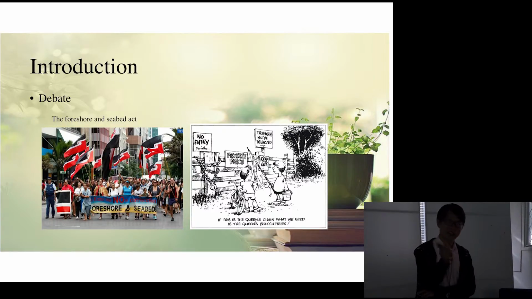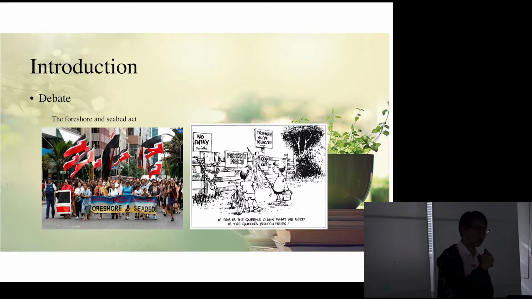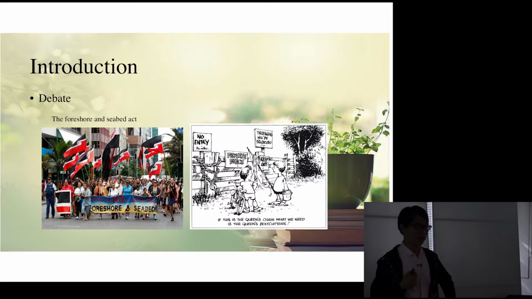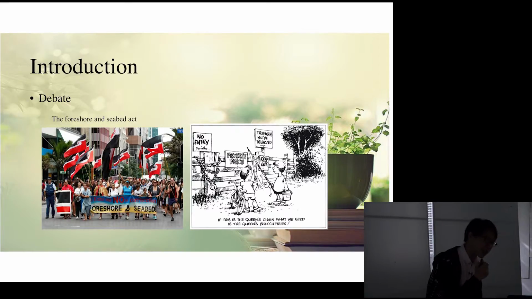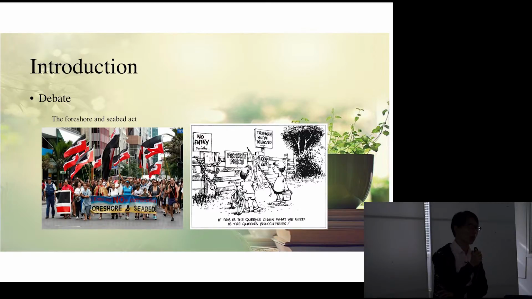There are so many debates about this issue in New Zealand. Actually, in 2004, there was the Foreshore and Seabed Act, which involved Maori wanting ownership of beaches in New Zealand because they think they owned the beaches before the European coming, and the Waitangi stated they can keep their own beaches.